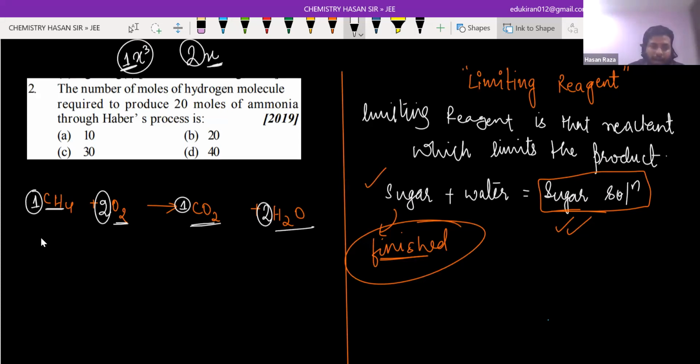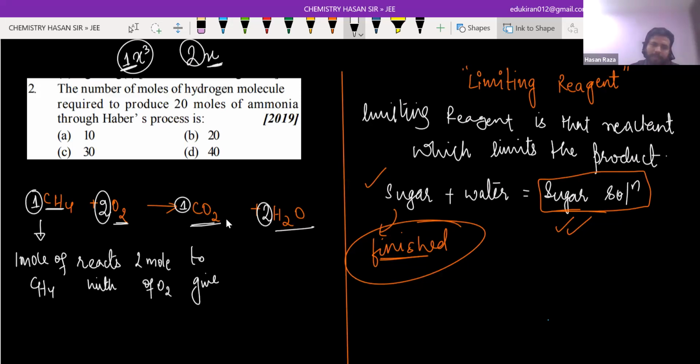It says how we read it: 1 mole of CH4, that is methane, plus symbol, means it is gonna react with 2 mole of O2 to give 1 mole of CO2 and 2 mole of H2O. The equation must be balanced in this case. Are you getting my point?